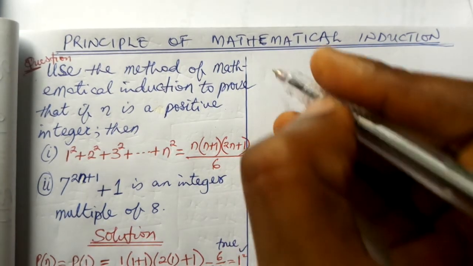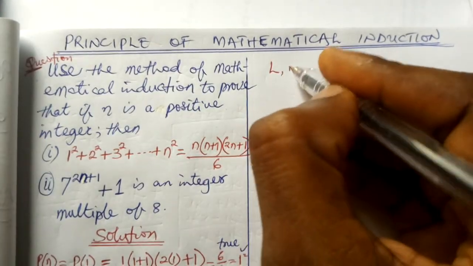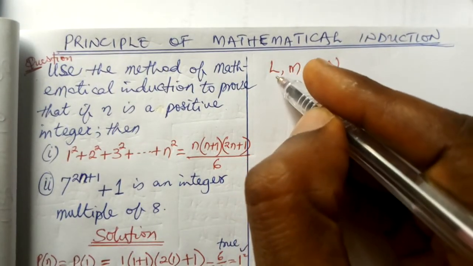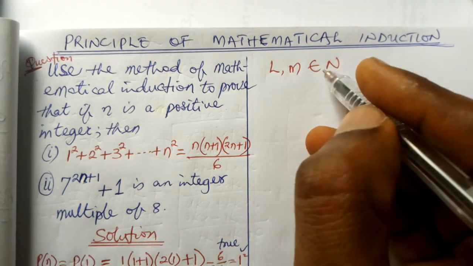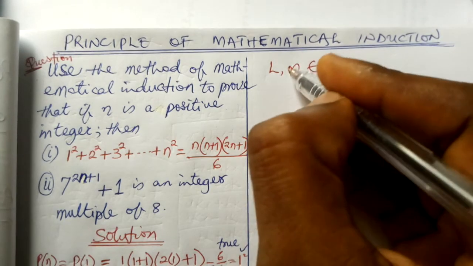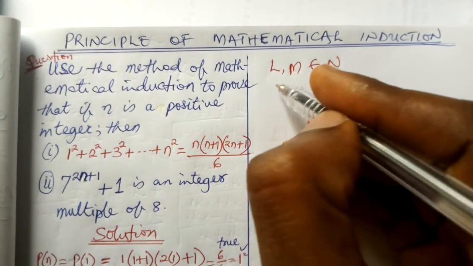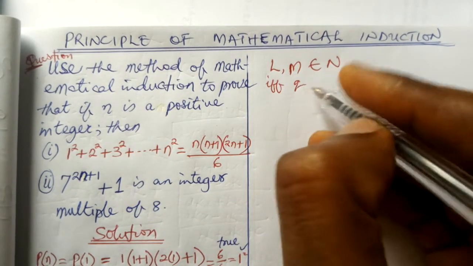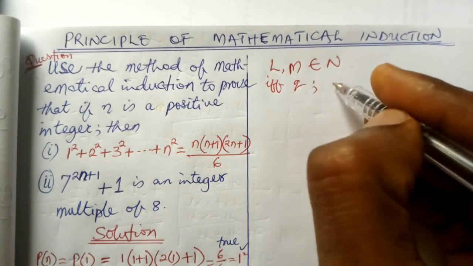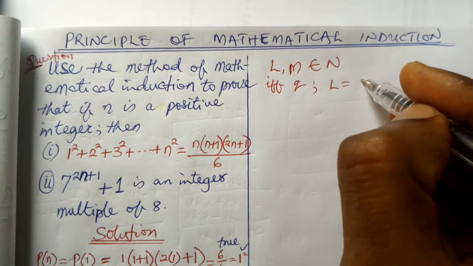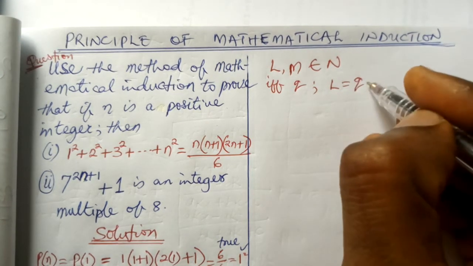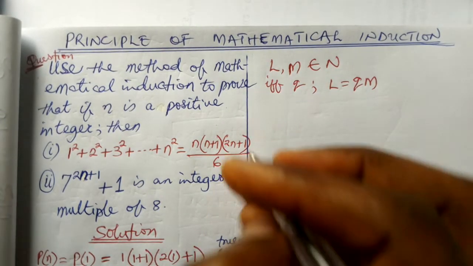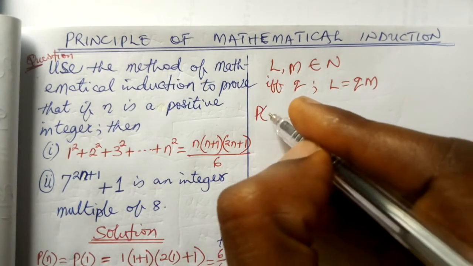In order to get this, we say that let L and M be members of the natural numbers, so that L is an integer multiple of 8 if and only if there exists a number Q such that L is equal to QM.